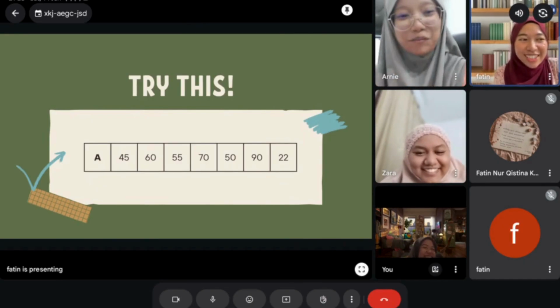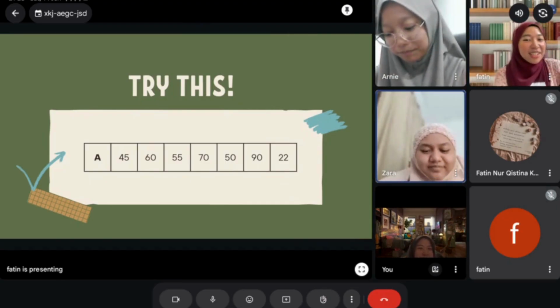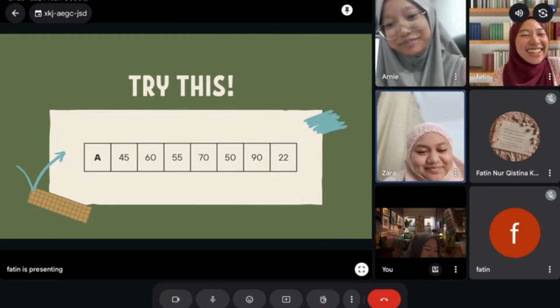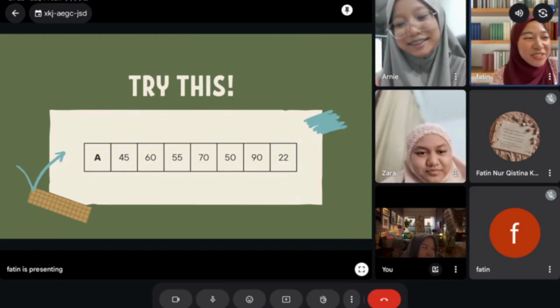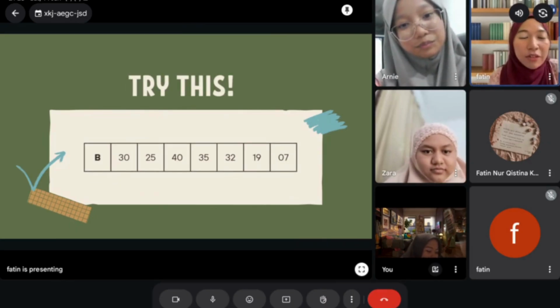Okay, for the second question. Are you ready? Yes. Ready. Okay, 3, 2, 1. Determine the range and maximum value for this set of data.